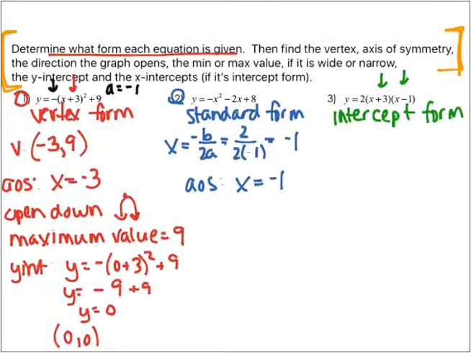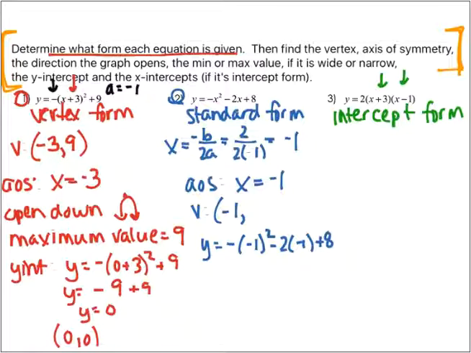Remember, that's a line. To find the vertex, though, I'm going to have to do some work. So I know that it's -1 comma something. In order to find y, I'm going to have to plug that in. So I've got a negative sign, -1 squared, minus 2 times -1 plus 8.